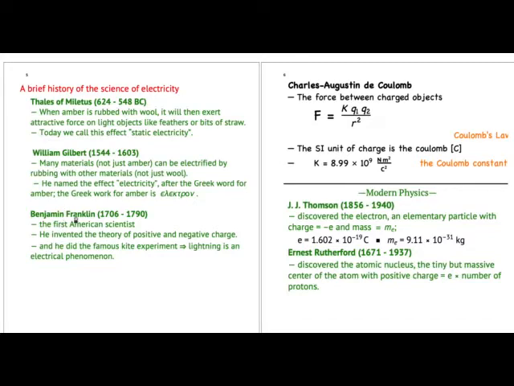And Franklin invented the theory that that's because there are two kinds of charge, positive and negative. And like charges produce repulsive forces, unlike charges produce attractive forces. Of course, Franklin is famous for the kite experiment that showed that lightning is an electrical phenomenon.